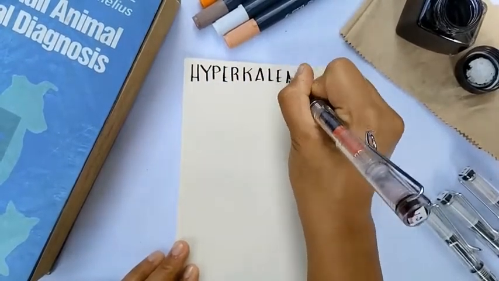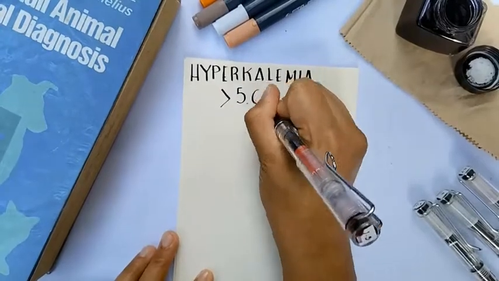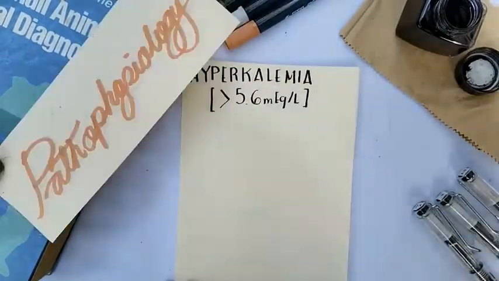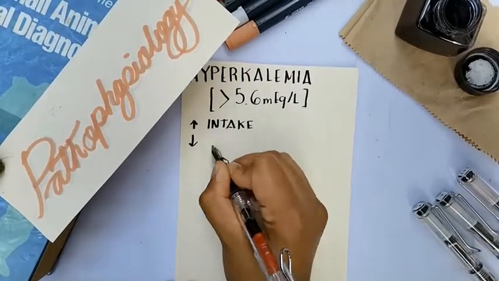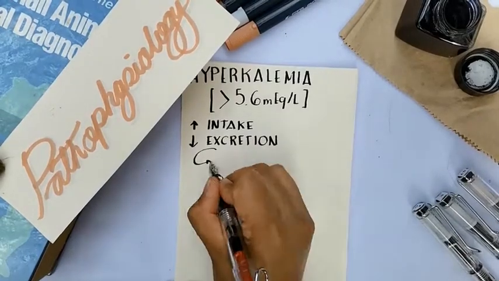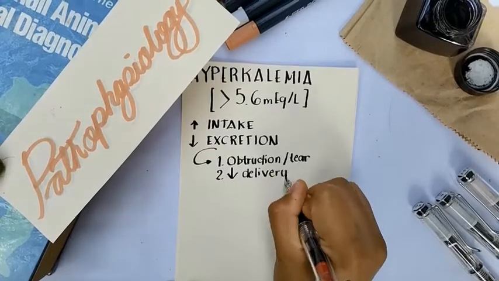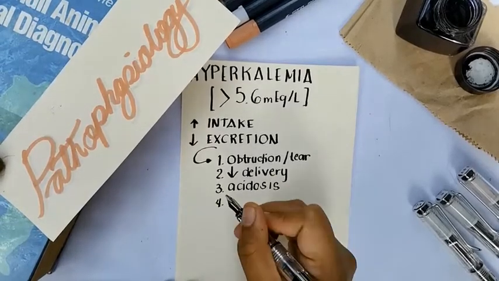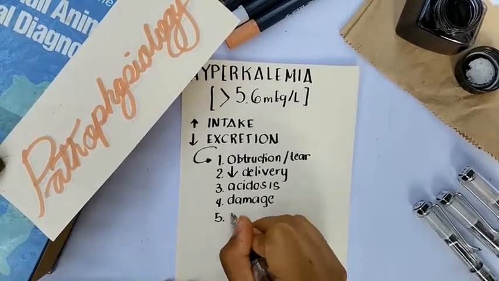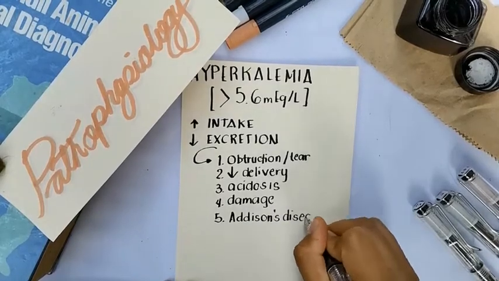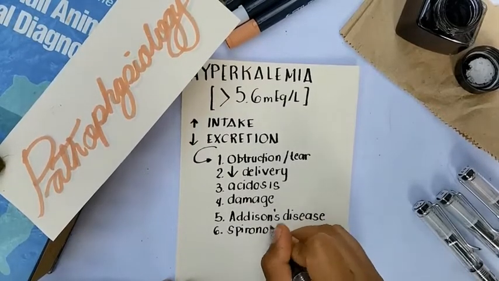Hyperkalemia is increase in serum concentration above 5.6 milliequivalents per liter. Its pathophysiology is due to increased intake and decreased excretion due to obstruction or tear, decreased delivery, acidosis, tissue damage, Addison's disease, and spironolactone.